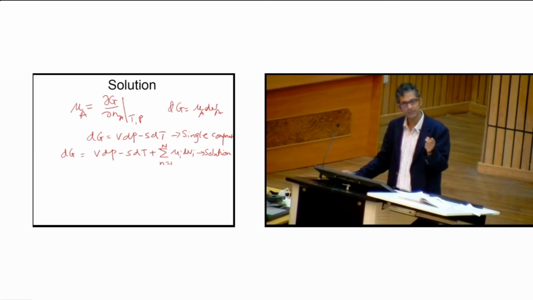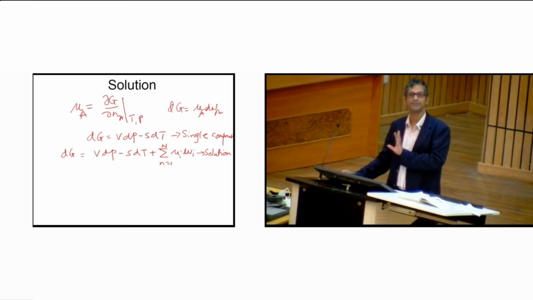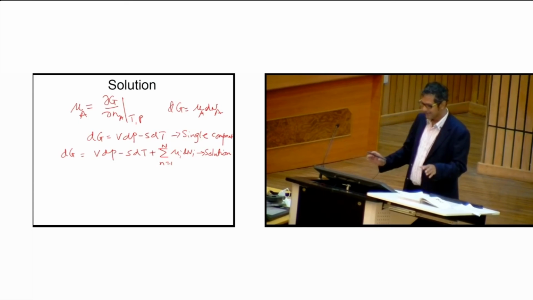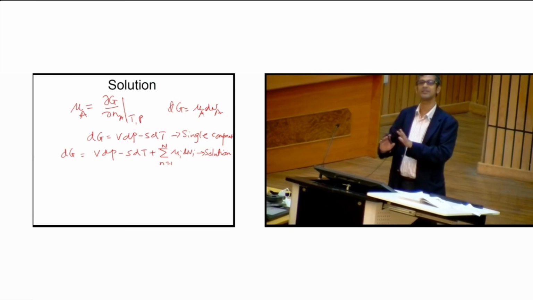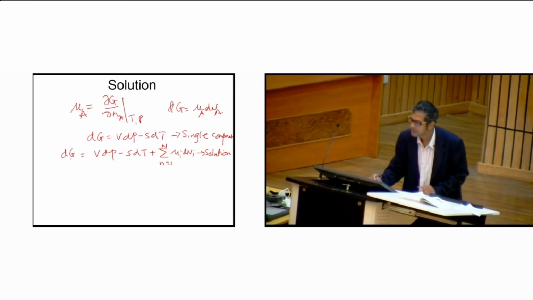But in a solution, like a gaseous mixture, or salt and water or sugar and water, this term cannot go to 0. It has a finite value of dn_i. So that's why you need to consider this aspect, right? So far so good for a bulk system in which size is not important. So I write this down as bulk.